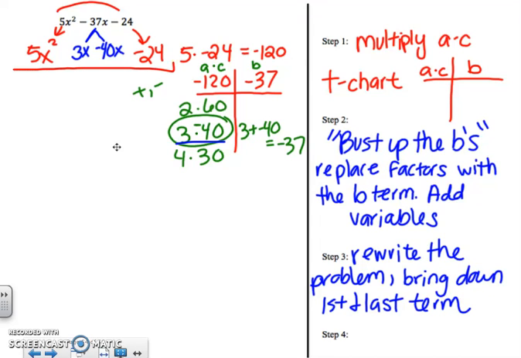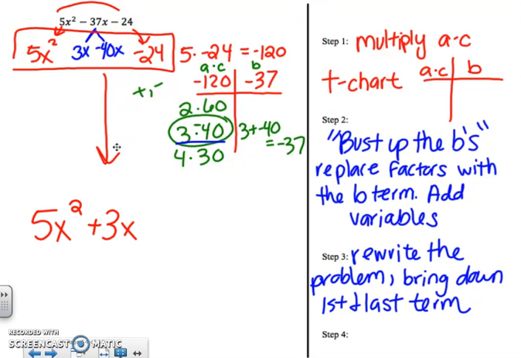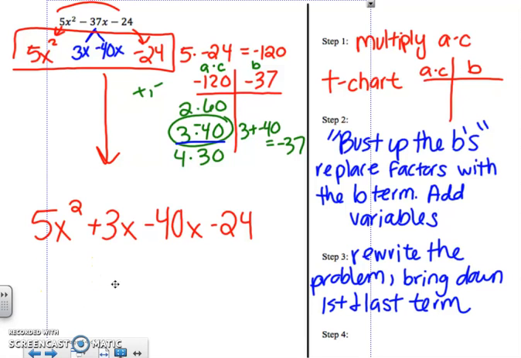So here is my problem. I'm going to rewrite it down here so I've got more room to work: 5x squared, plus 3x, minus 40x, minus 24. The whole point of doing the t-chart and finding two factors that give us this middle term is so that we can have four terms, because when you have four terms, you know you can factor by grouping. So this whole process is to make this 3-term problem into a 4-term problem.